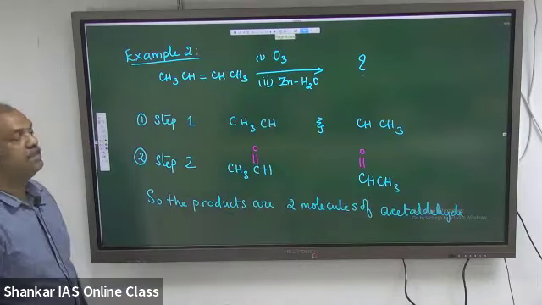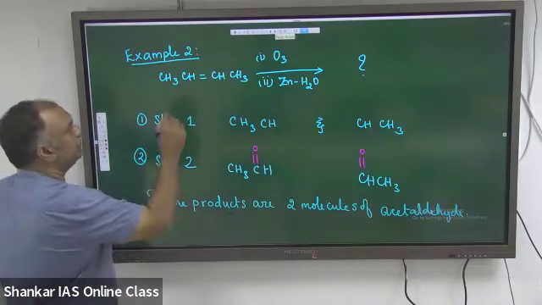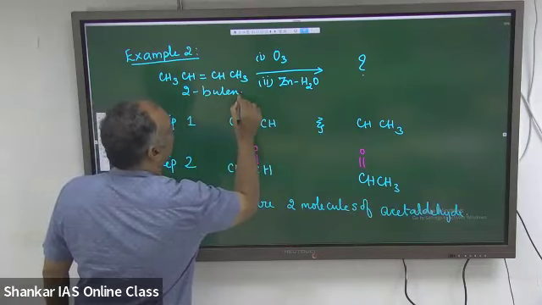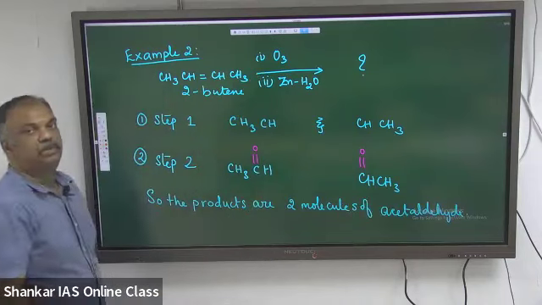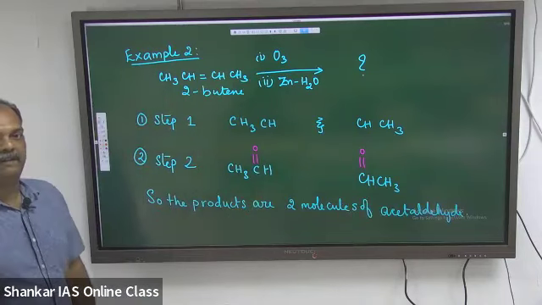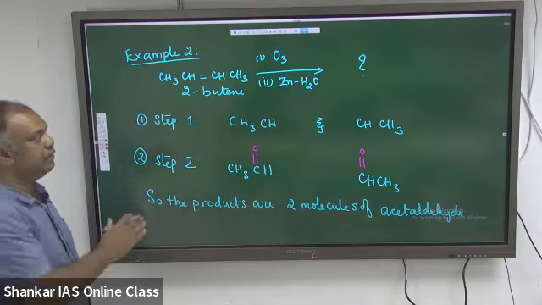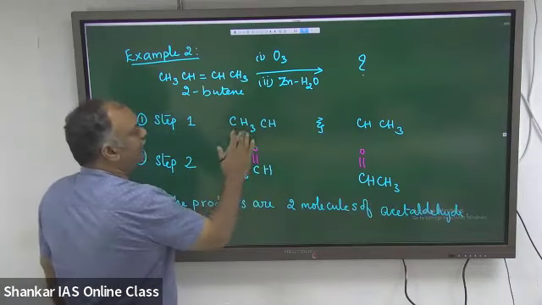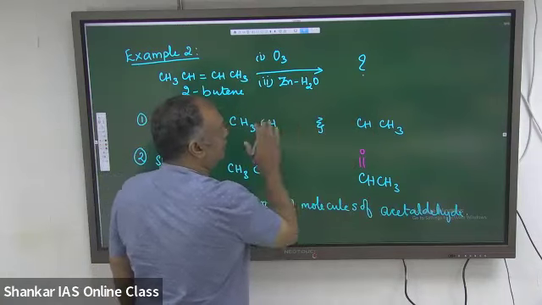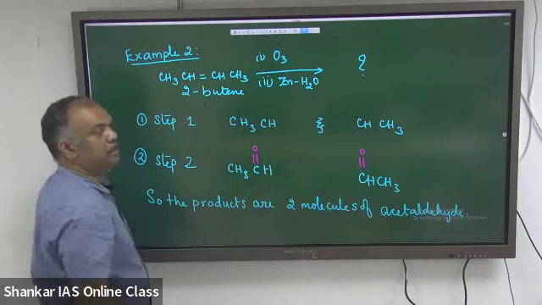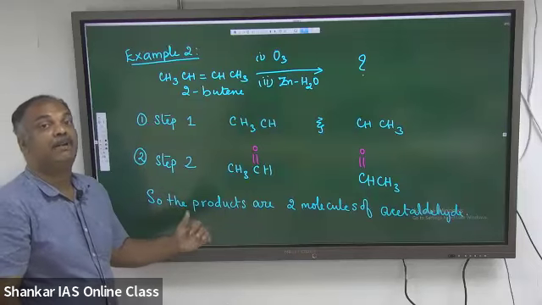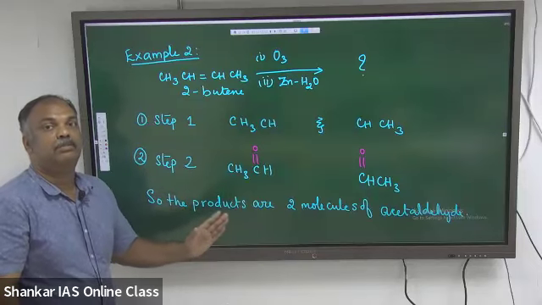Now I have taken the substrate 2-butene. I am going to subject it to reductive ozonolysis. So what is the first step? I have to write the substrate in such a way that there is no double bond. So when I write it, I get 2 fragments. Now next step is onto the alkene carbon, I have to introduce doubly bonded oxygen.